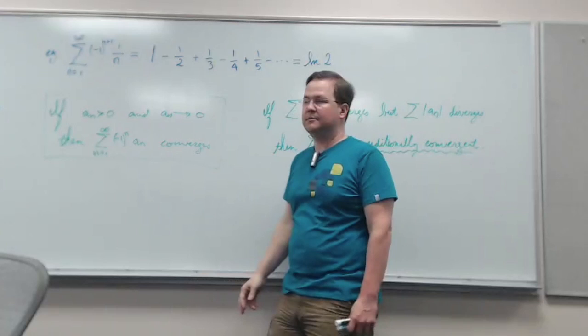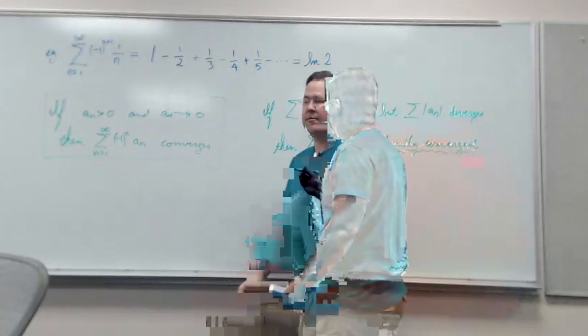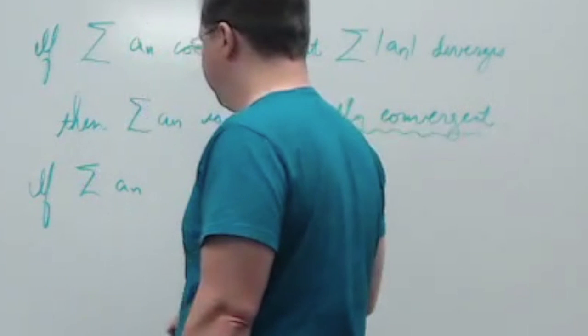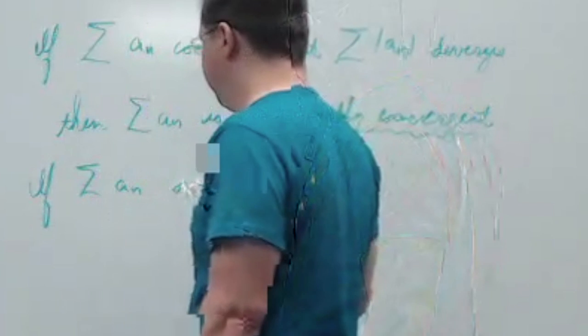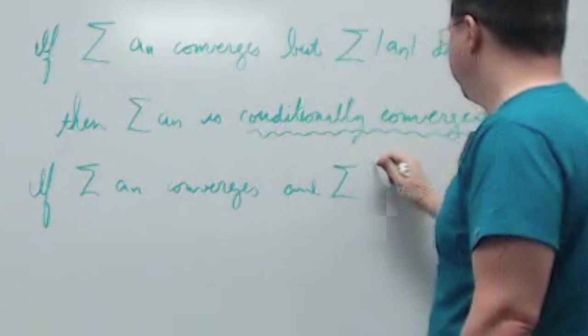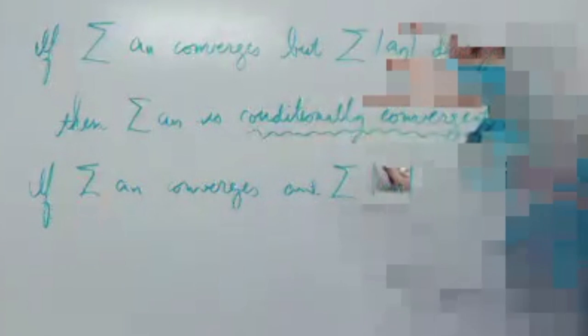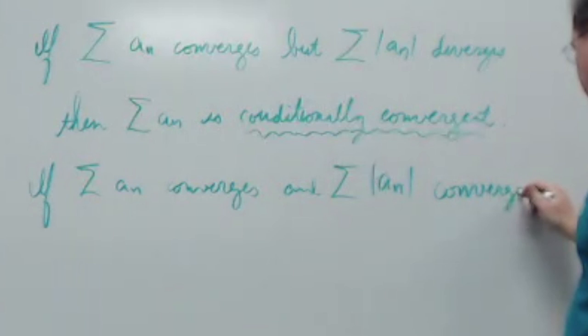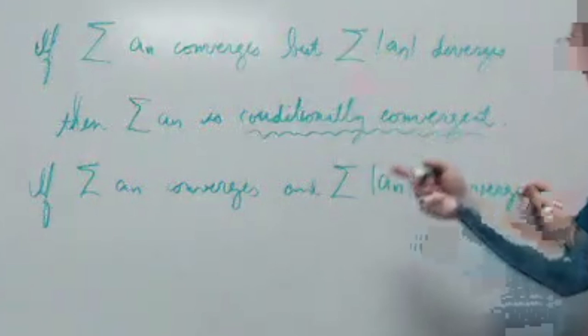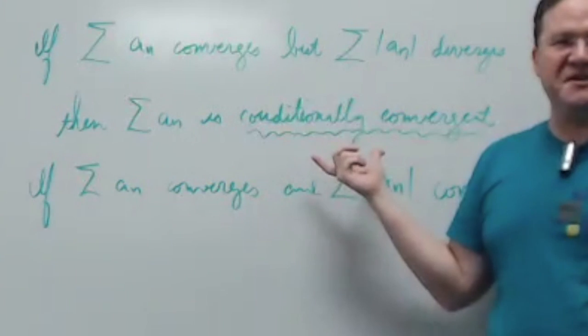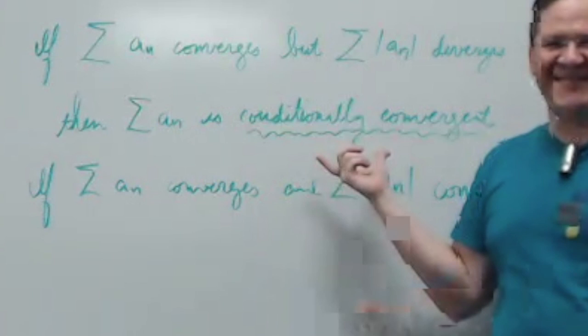But on the other hand, if you have a series that converges and the sum of the absolute values of the terms also converges, well, I think a better name would be barely convergent for the first, and this one is definitely convergent, you know what I mean?